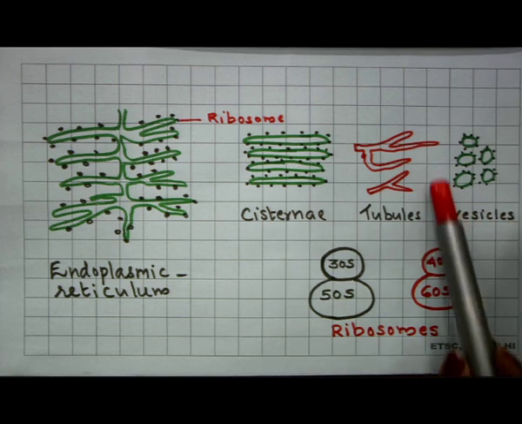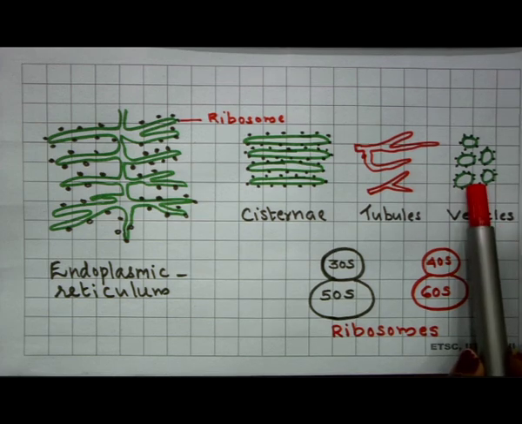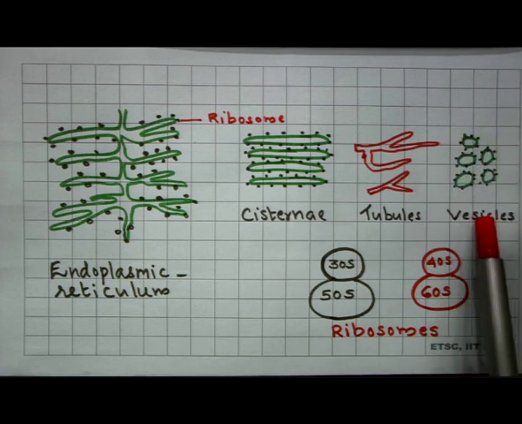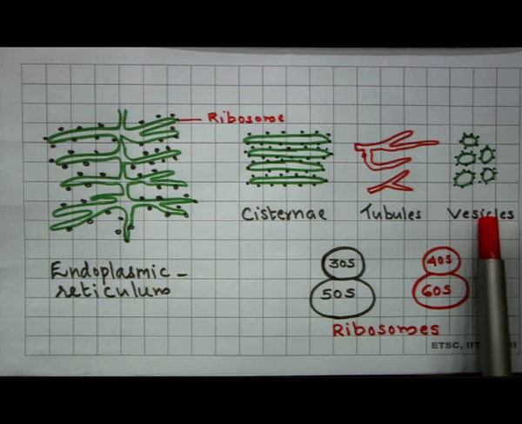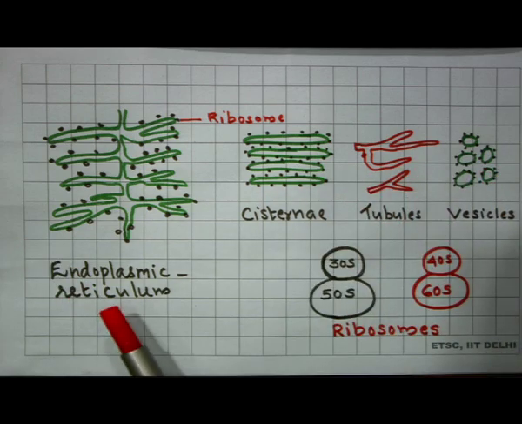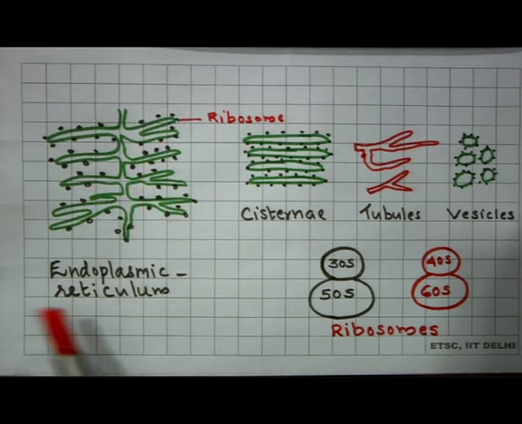The third one, vesicles, are small spherical structures, and cisternae, vesicles and tubules together form the endoplasmic reticulum.